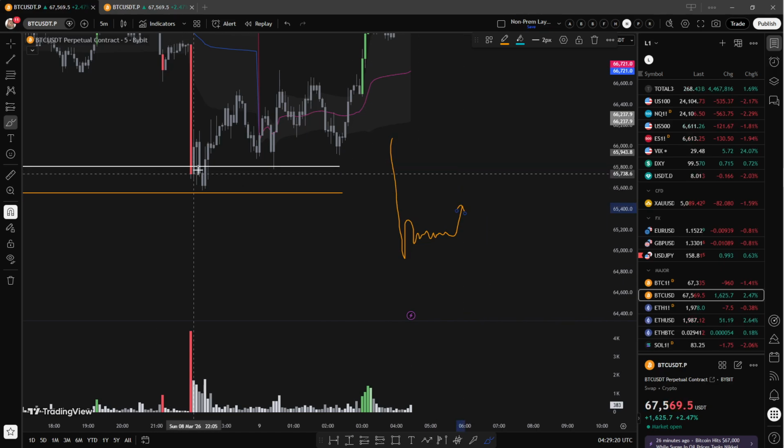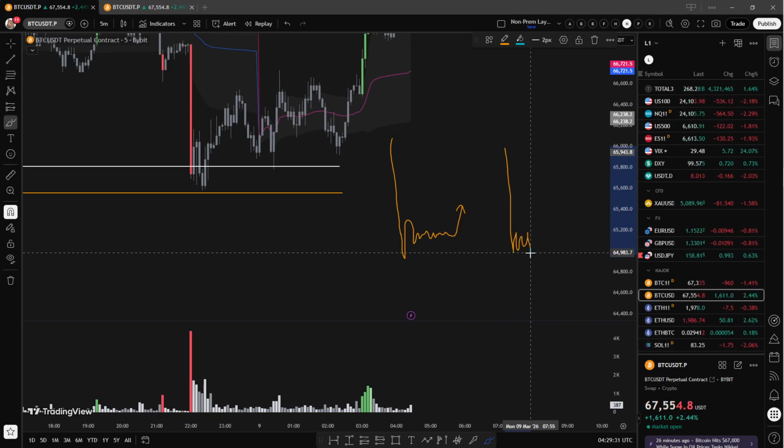Or you have some kind of this: less wick, big fat candle body, and then it retests once more, and then it starts grinding up.